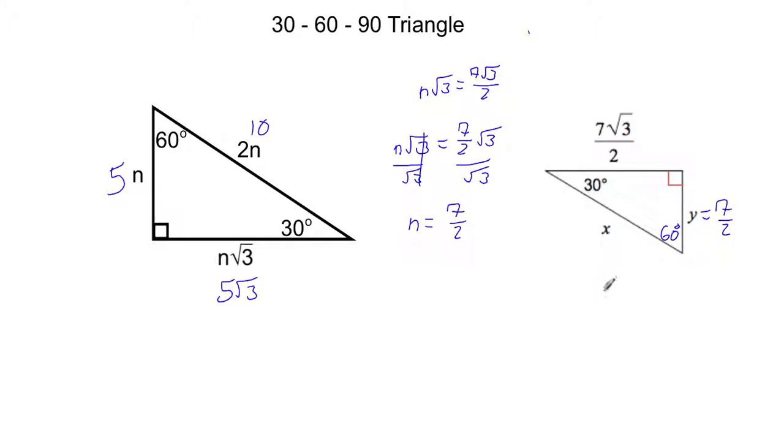And the hypotenuse, that's going to be 2 times n. So right here, x, that's 2 times n. So we get 2 times 7 halves, which is equal to 7. So x is equal to 7. And that's it. It's just a matter of setting up some equations and identifying which sides correspond to these special cases for special triangles.